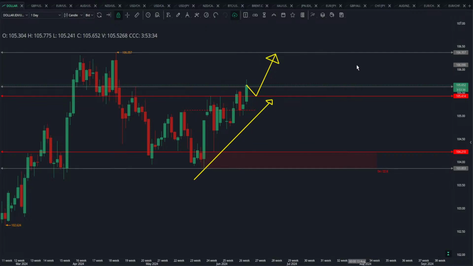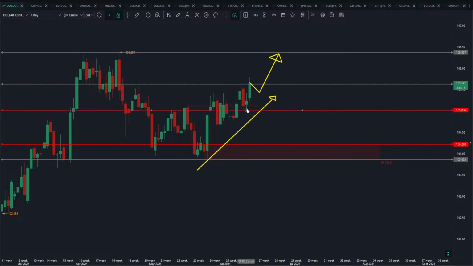Okay. So this is what I am expecting here right now, guys. So my level of resistance for the US dollar is 106.35. The potential support is 105.41, but I will wait for the price to go below this low, 104.99, before I become a seller in this market. I hope you understand that part.